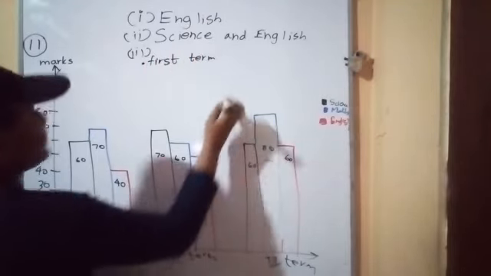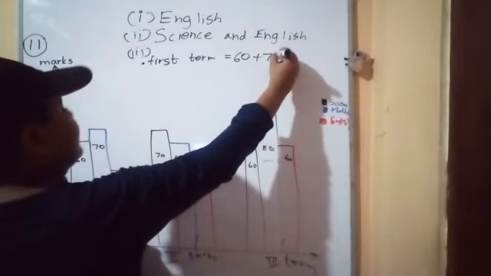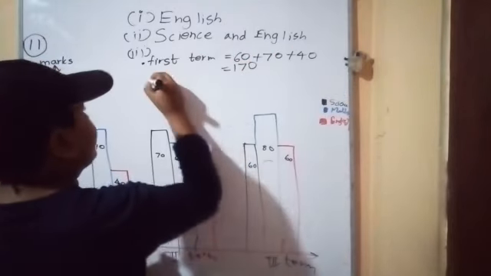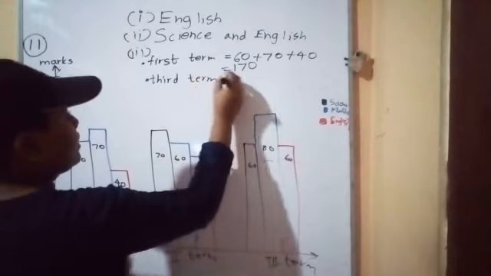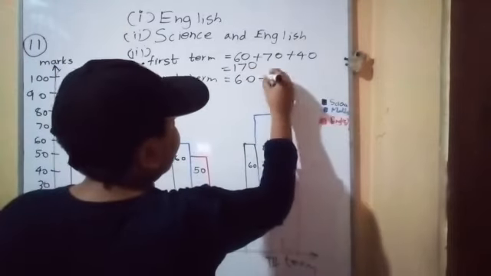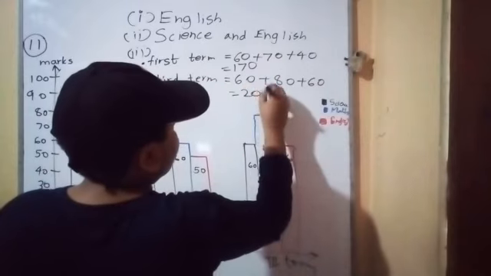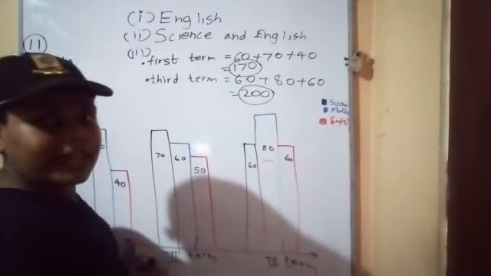First term, we have 60 plus 70 plus 40. That means 170. Get the third term: 60 plus 80 plus 60. Altogether 200. Now these values you want to subtract.